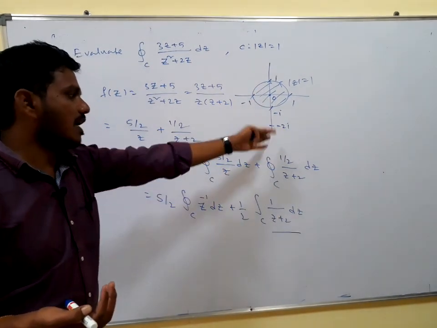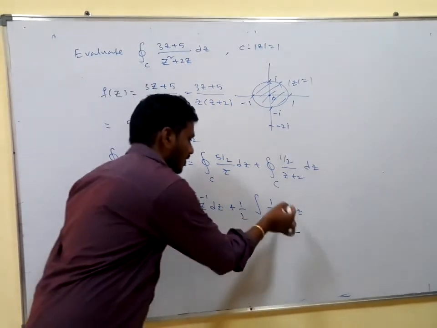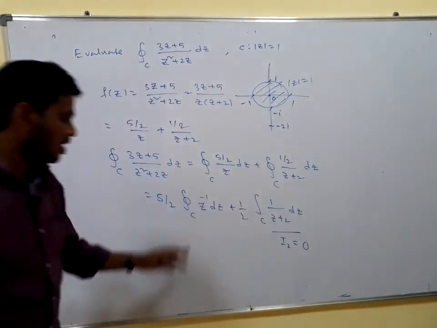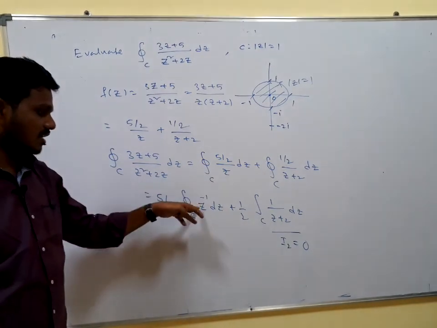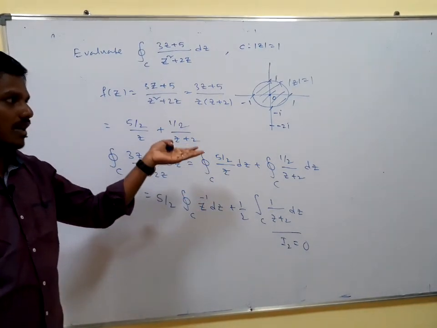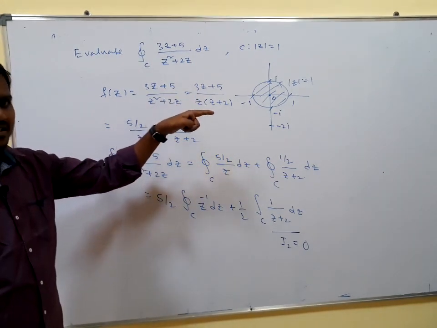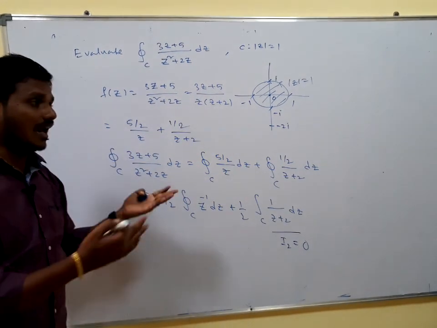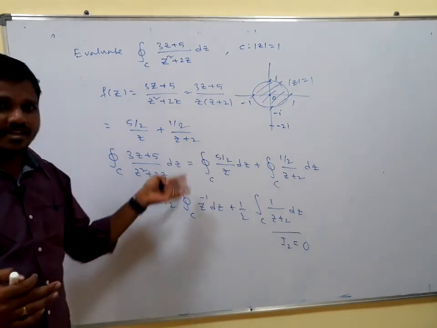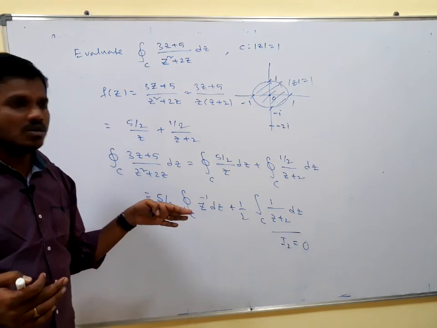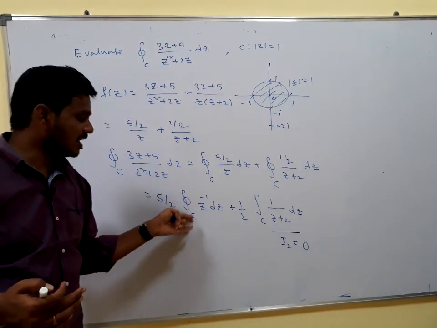Minus 2 is outside the region, so for this integral, call it I2, the integral value is 0. But if I take 1 by z, z to the power of minus 1 is 1 by z, which is inside the region. 1 by z is not analytic at z equals 0. So we may not write the first integral as 0, right?